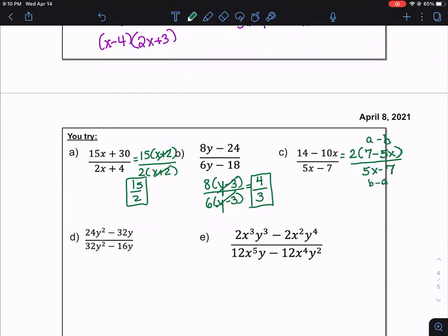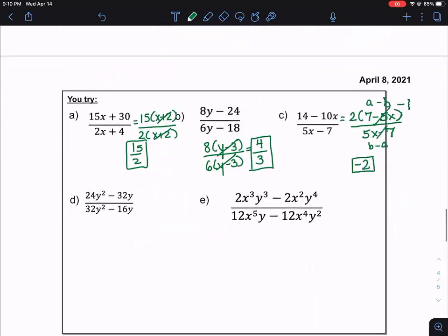Again, I said it's always nice to put that in the numerator. And 2 times -1 is -2. Okay, so I'm going to give you guys some time on D and E. I'll put about 3 to 4 minutes on the clock. If anyone has any questions regarding the others, please feel free to let me know.